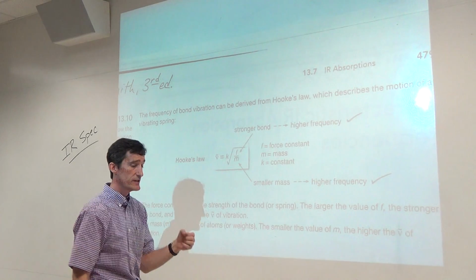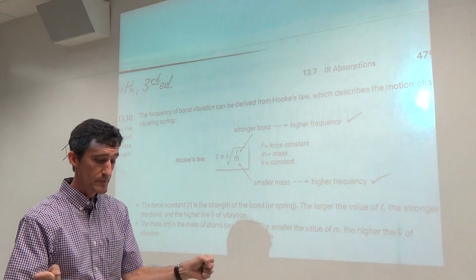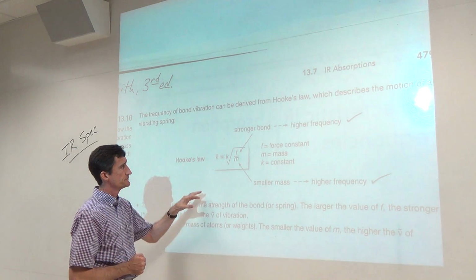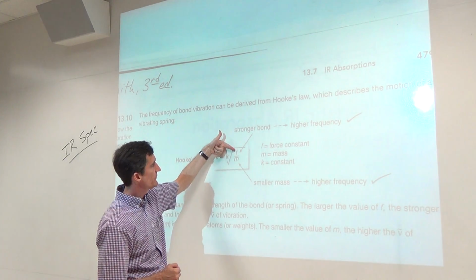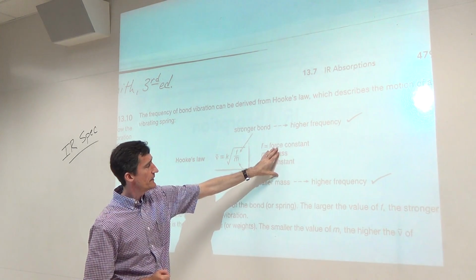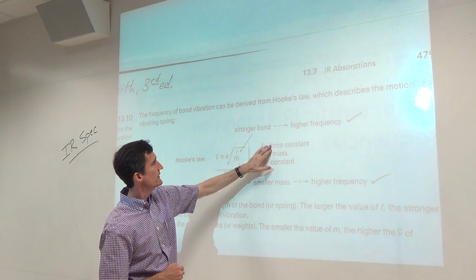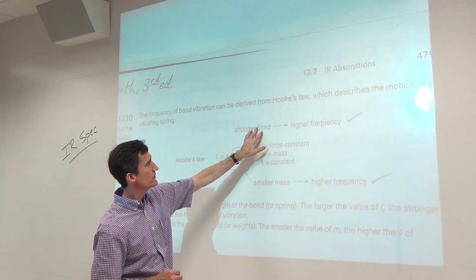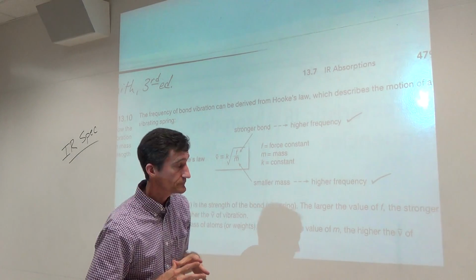It turns out that you can treat a bond just like a spring in terms of understanding these types of things with the frequency. Hooke's law is here. Basically, this F is a force constant. That refers to maybe a stronger spring. A stronger spring equates with a stronger bond. And the stronger spring or stronger bond that you have is going to vibrate at a higher frequency.